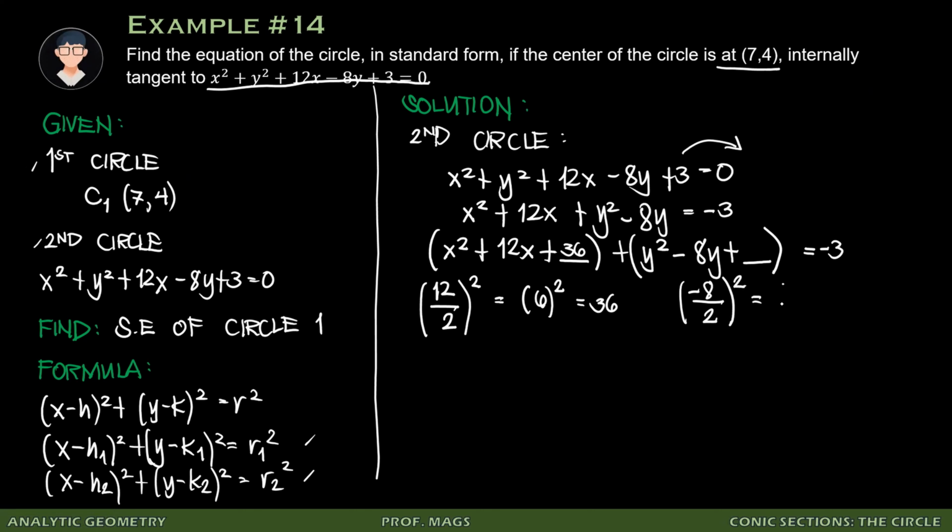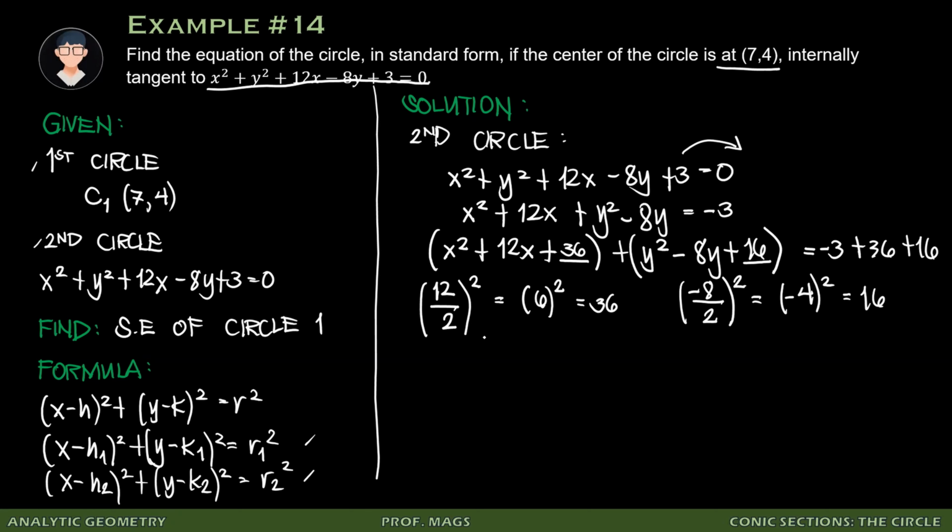Negative 8 divided by 2 is negative 4, squared. Okay? Negative 4 squared is 16. So we write 16 here. Don't forget, after you done that, itong positive 36 at itong positive 16, i-copy mo dito at ilagay mo dito sa right side of the equation. Positive 36, ito naman ay positive 16.